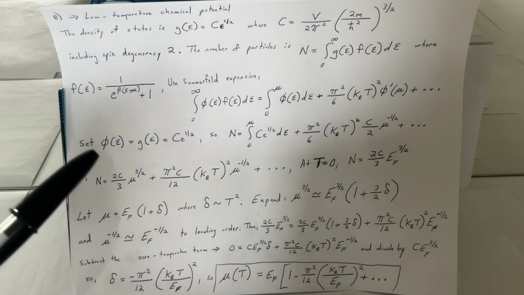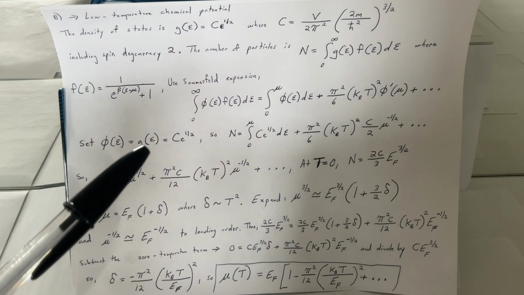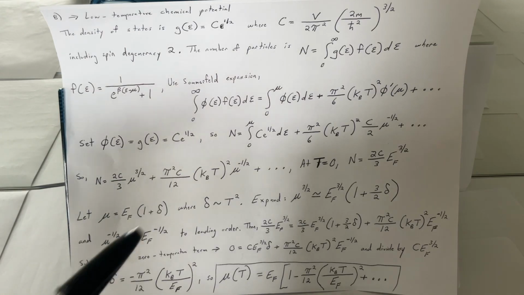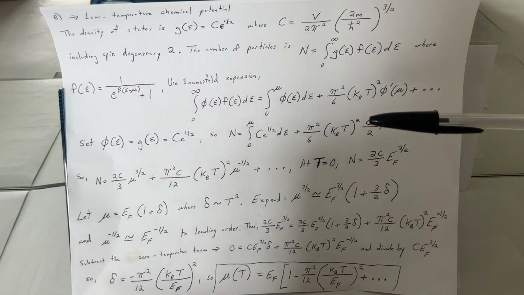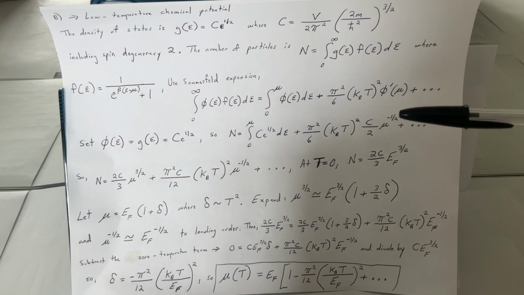So set phi of epsilon equals g of epsilon equals C epsilon to the 1/2. So N equals the integral from 0 to mu of C epsilon to the 1/2 d epsilon, plus pi squared over 6 times the quantity k sub B T squared times C over 2 mu to the negative 1/2, plus higher-order terms.